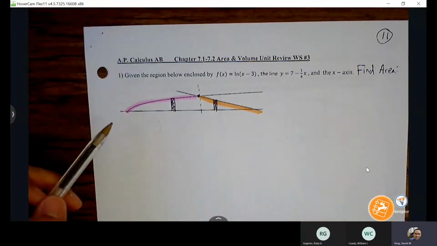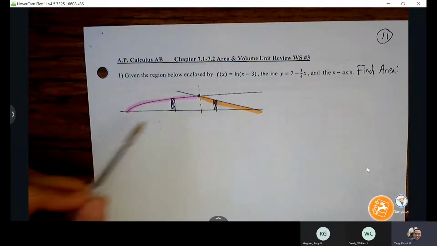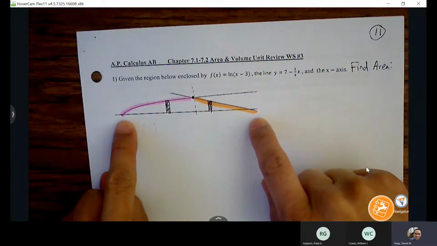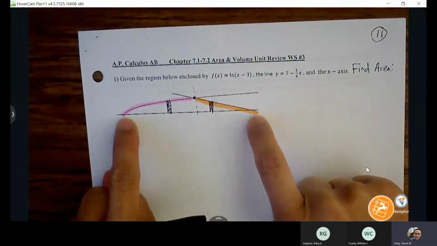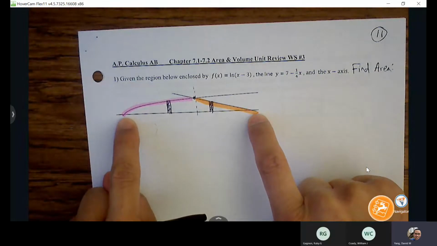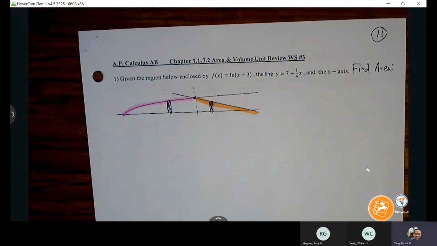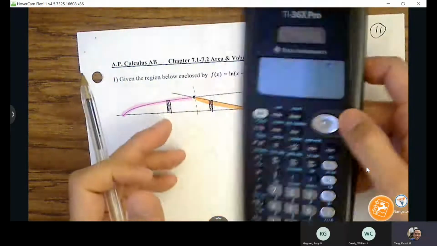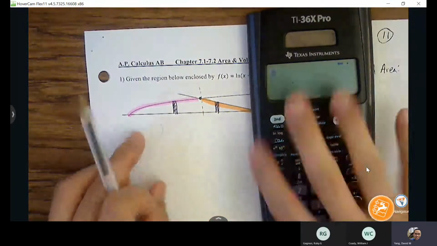Okay, use your calculator as well to find these intersections. If you're using your graphing calculator, you can find the intersection. Here you're going to be using second trace zero, and here second trace intersect. But if you're using a scientific calculator, you can do numsolve.